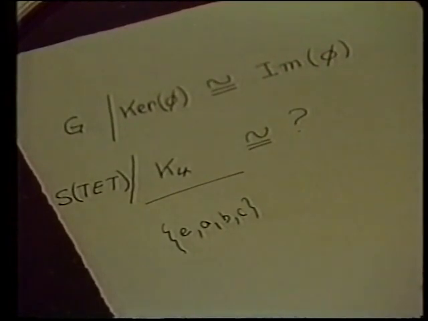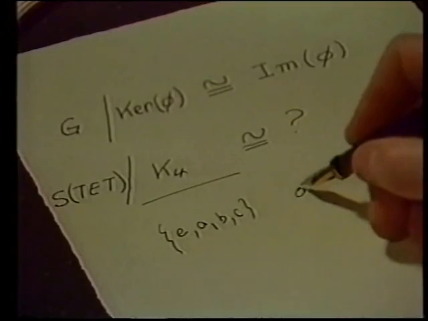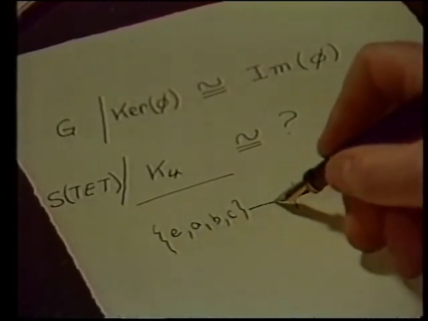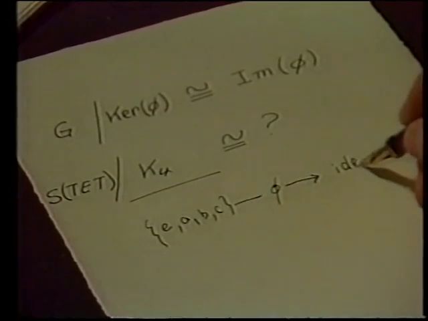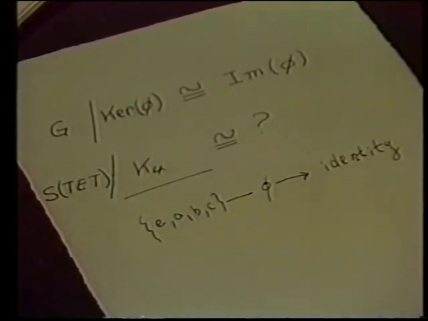And because it's normal, I can use it as the kernel of some homomorphism phi. But what is phi? Well, certainly it must map the four elements of the kernel to the identity in the group M phi. What else can we say about the image of phi?